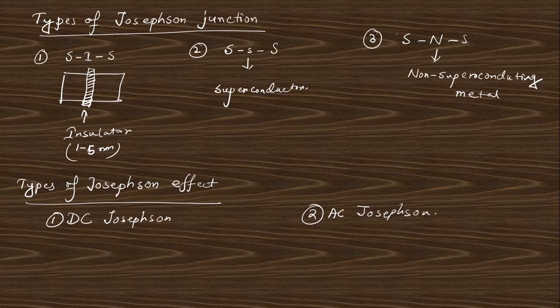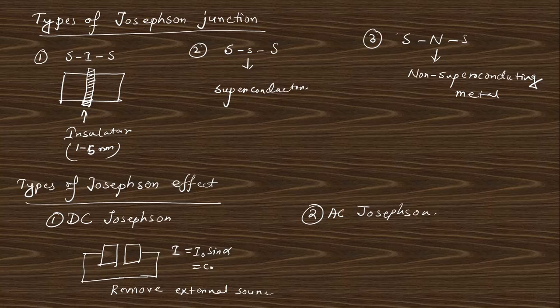What is the basic difference? In the DC Josephson effect, there is a gap. When we apply a voltage, the current flow originates, and if we remove the external source, there is still a flow of current across the gap. This is a constant current, proportional to sin delta, which is constant.